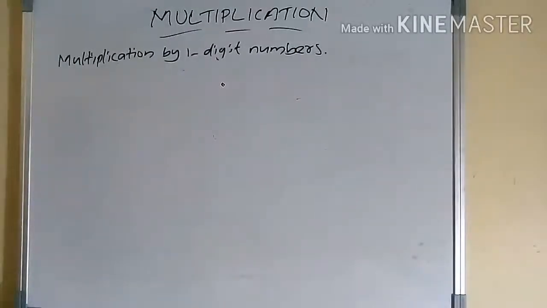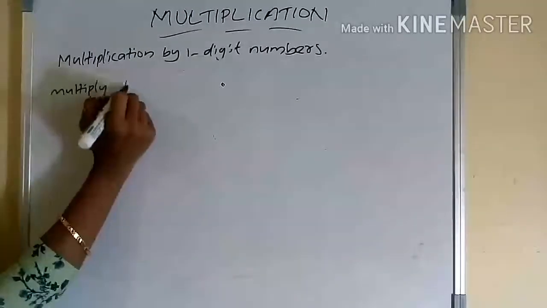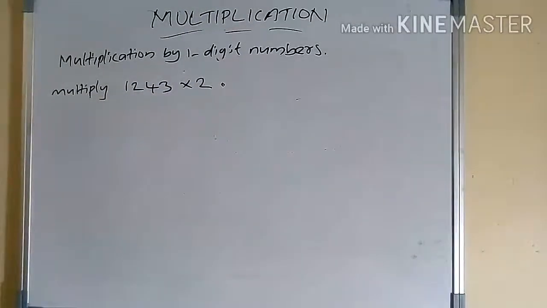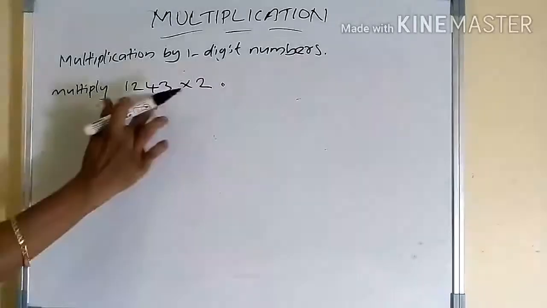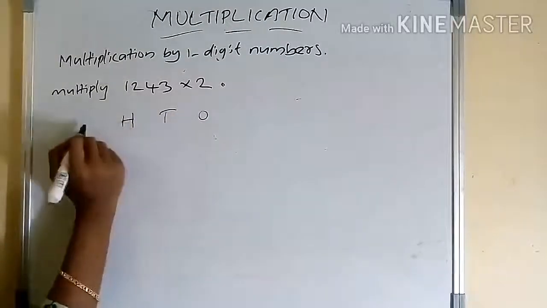See one more example. Multiply 1243 into 2. For larger numbers, we use the second method, that is the column method. Both methods are effectively the same, but for large numbers the column method is used for more convenience. 1243 is a 4-digit number, so we write ones column, tens column, hundreds column and thousands column.